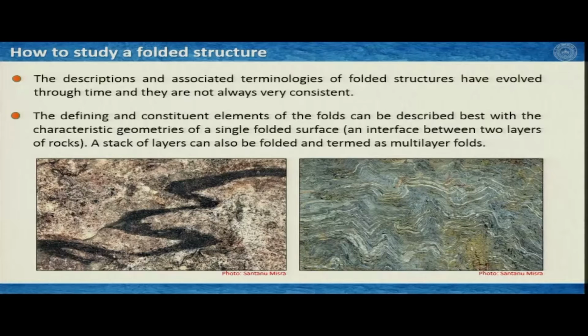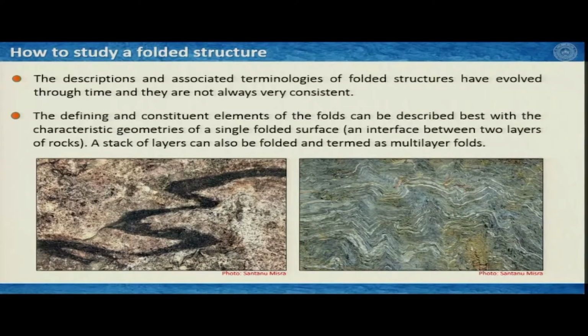However, in recent days, these terminologies and their descriptions became very strong, and mostly globally people are using very similar terminologies. So, life is a little easier now in terms of describing folded structures.